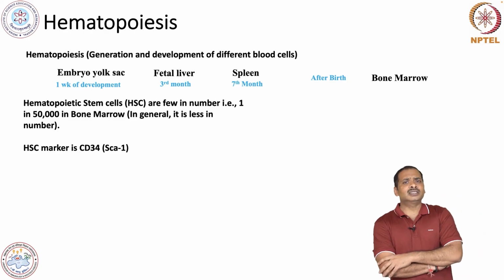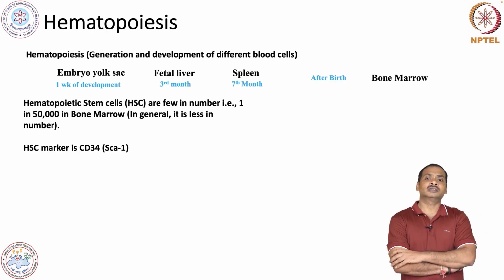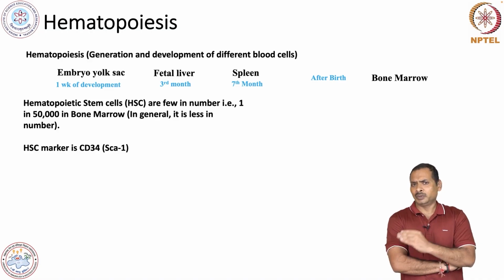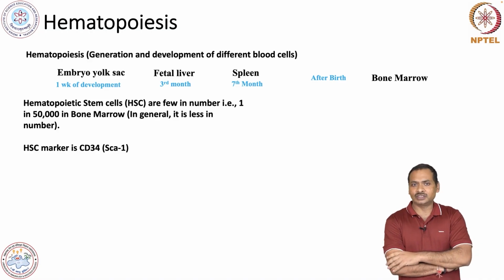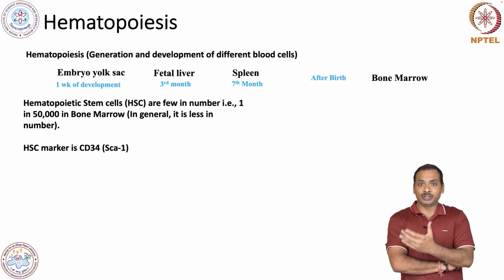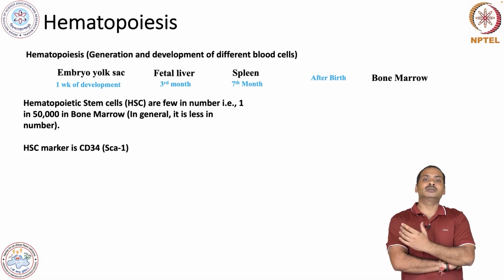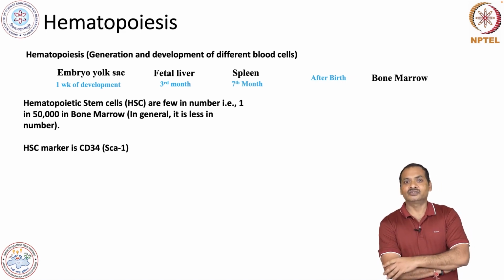and these cells have some unique markers, which play a very important role in isolation. After the discovery of these unique markers, we can now isolate the hematopoietic stem cell, and we can use it in various kinds of therapies.